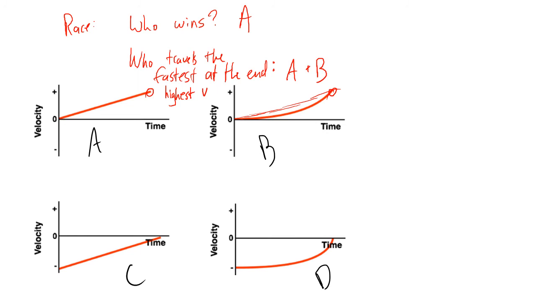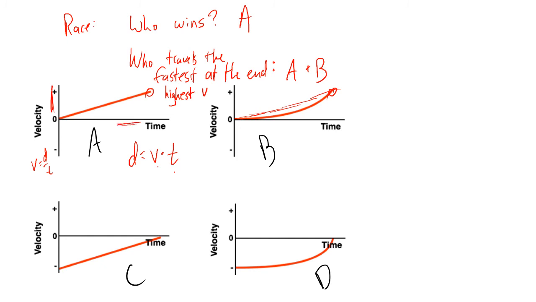Now, let's say I wanted to know the distance A covered. Well, how do you calculate distance? Distance is equal to velocity times time, right? Because velocity is equal to distance over time, doing some solving there. Velocity is your y variable here, and time is your x variable.